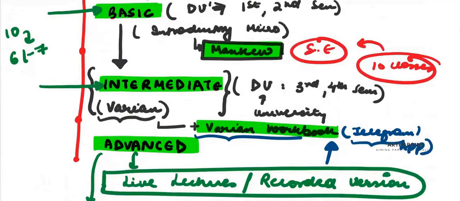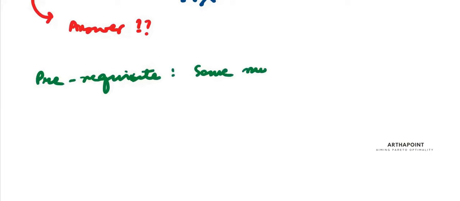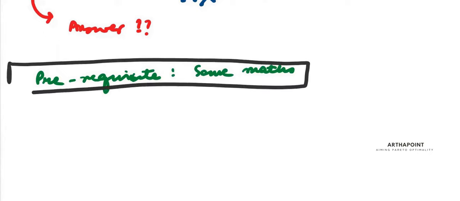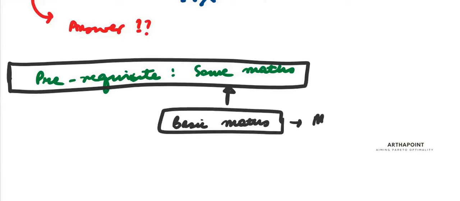Now, for this microeconomics, I will require at least a prerequisite, which is at least some maths. So for that, what I have done is whatever maths is required, at least for microeconomics, the basic maths, that has been posted in the math section.